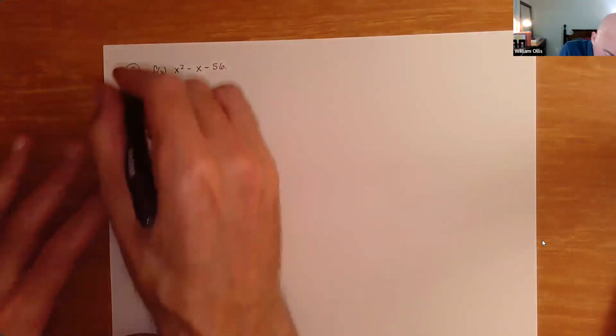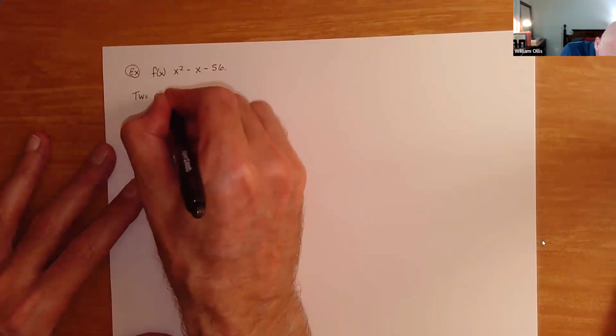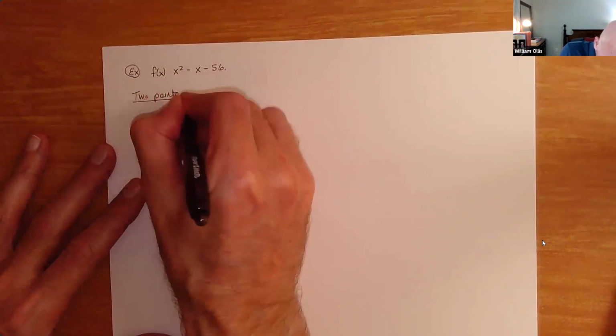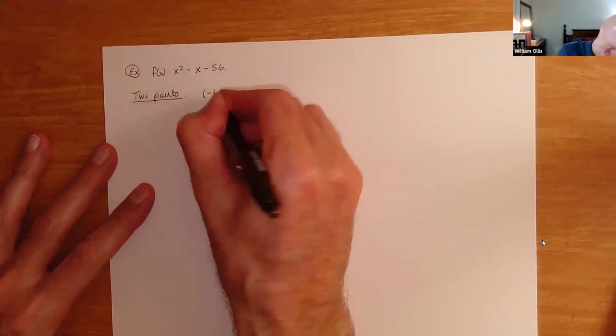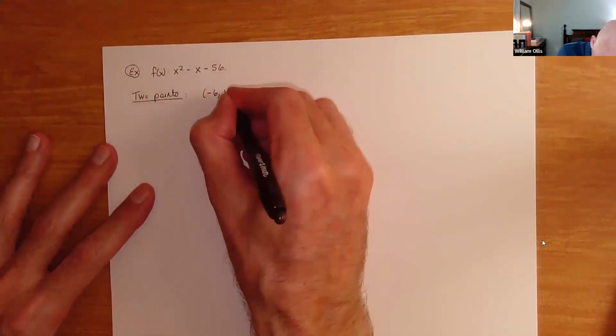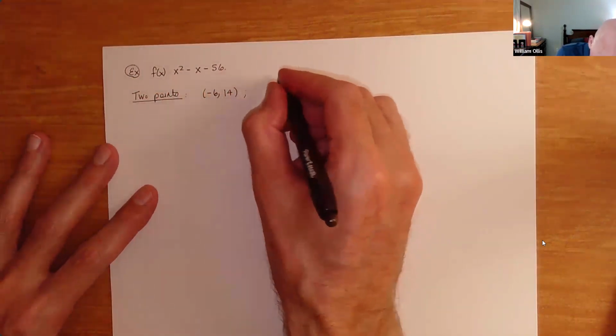And we're given 2 points on the curve. We have (-6, 14), and we have (8, 0).